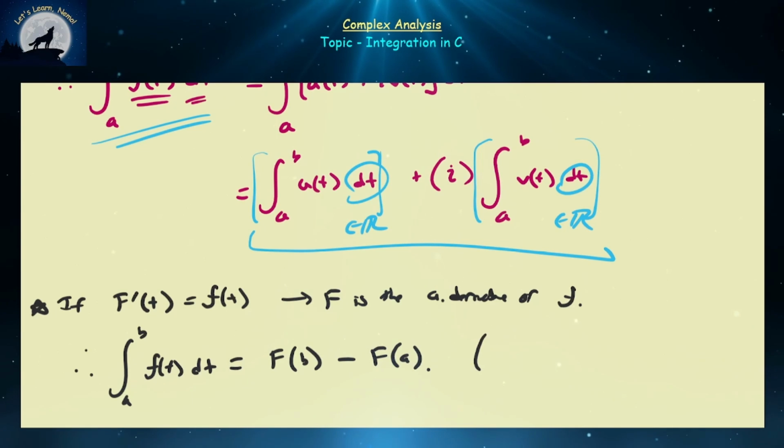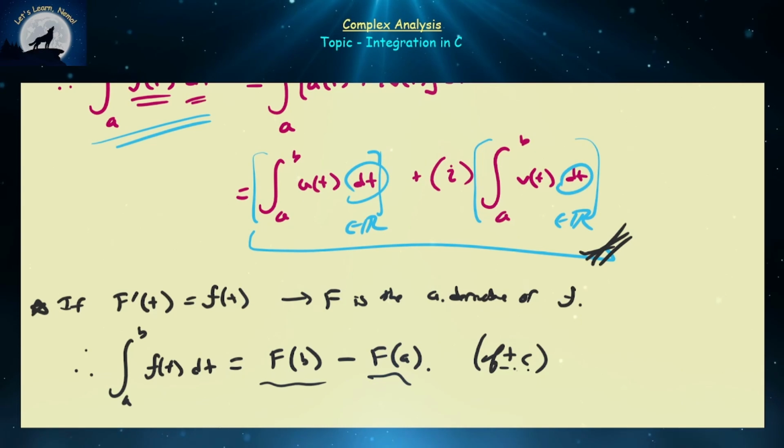So this pretty much is our fundamental theorem of calculus result that we had before. And why is that the case? Well, because we're working in the real variable world, we're just going to have a real and imaginary part decomposition for both f and its antiderivative capital F as well.